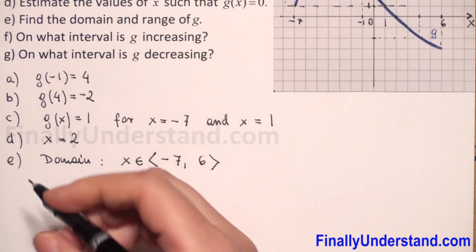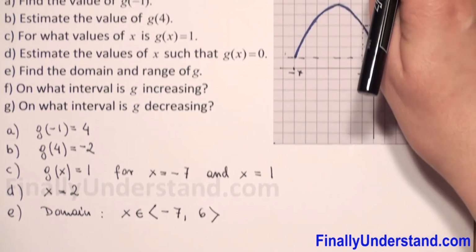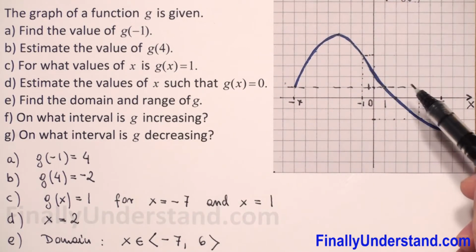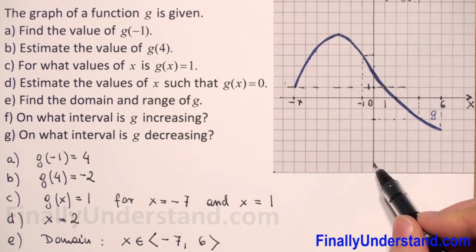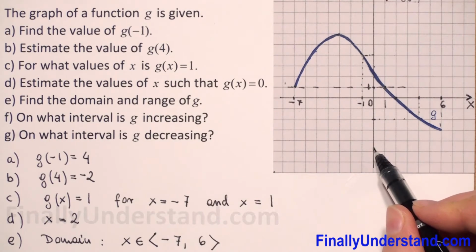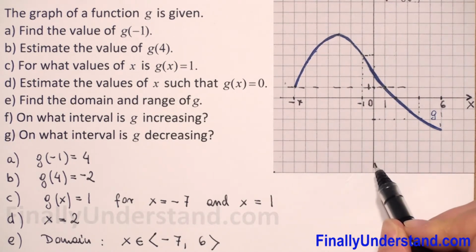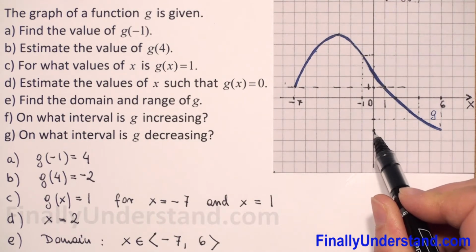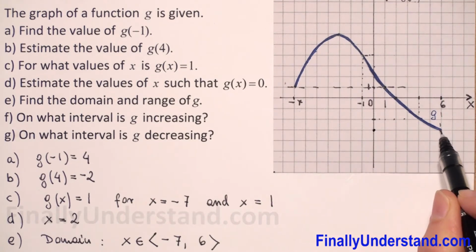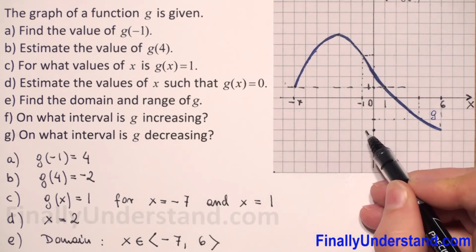So we have the domain. Now we have to find the range. When we have to find the range, we have to just walk on the y-axis, and we always start from the negative value. When we walk on the y-axis, at this point we see we don't have any graph. We just go to this point. At this point we see the right side point of our g graph, and let's check. It's -1, -2, -3.